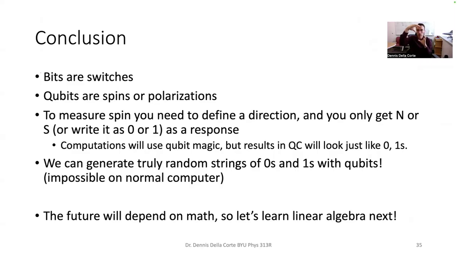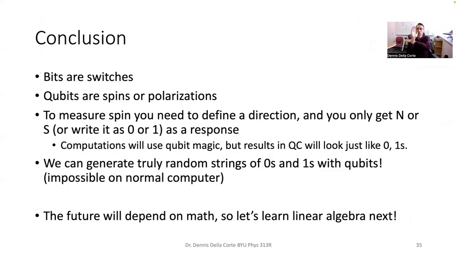And if you rotate your measurement device, you're going to get different outcomes, so maybe east and west, but there's still only two distinct outcomes that are allowed. But depending on how you rotate your magnet, you're going to get different outcomes. A really cool thing that we found out is that if we are able to just generate this one qubit or this one spin, we would be able to use measurements in orthogonal directions, like vertical and horizontal.